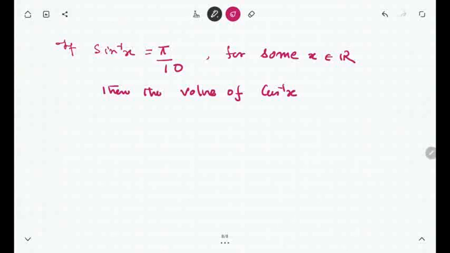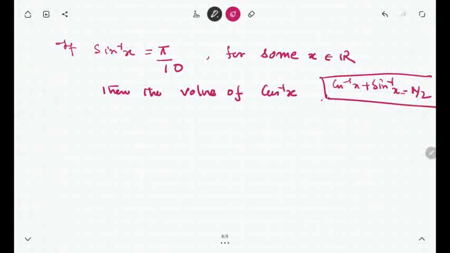How are we going to solve this? Because we cannot use the property that cos inverse x plus sine inverse x is equal to pi by 2, as this is deleted from the syllabus. Without using this, how can we solve it? Let's see.